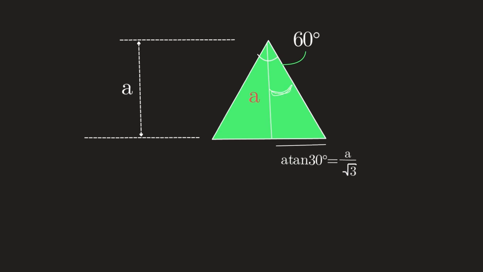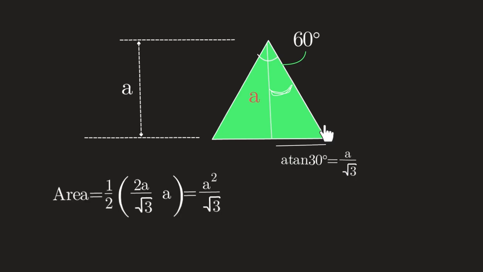Now consider one of these triangles. Suppose you consider this right half, and this side which is opposite to the angle 30 will be A tan 30, that is A upon root 3. So the area of this triangle will be half base into height.